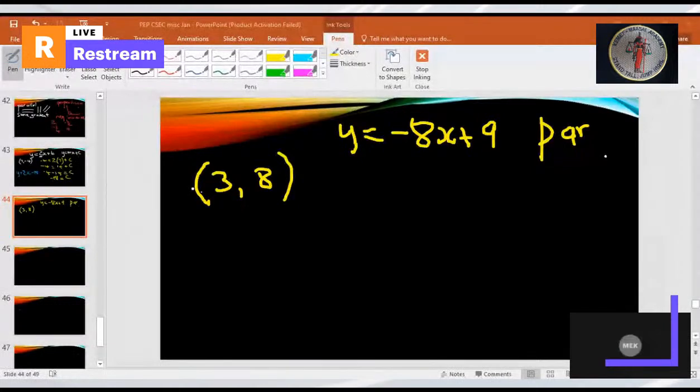So it's two lines we're dealing with. The equation of the first line is y equals negative 8x plus 9. We don't know the equation of the second line. That's what we're trying to find out. But we know that since it's parallel to the first line, they have the same gradient. So we can use that same gradient and then the point, the x value and the y value, to find the equation of the line. So do that for me.